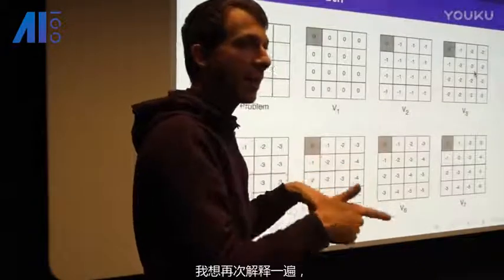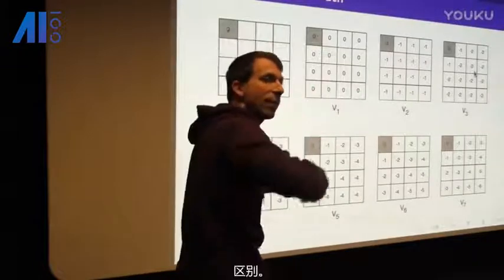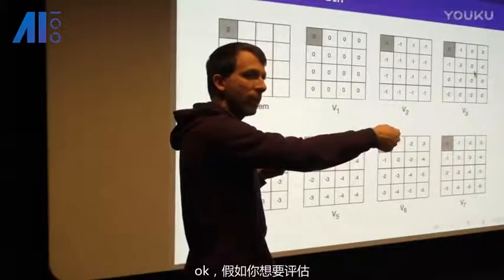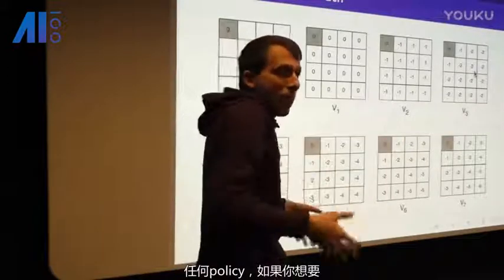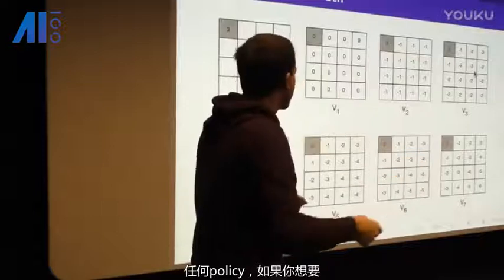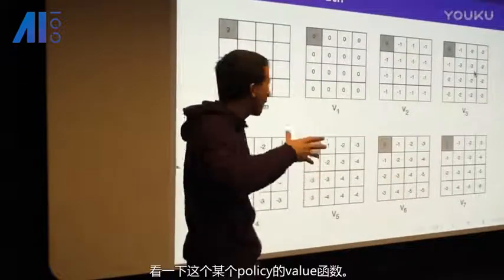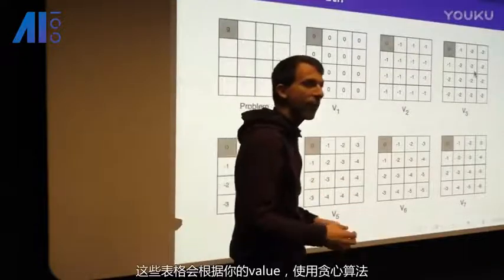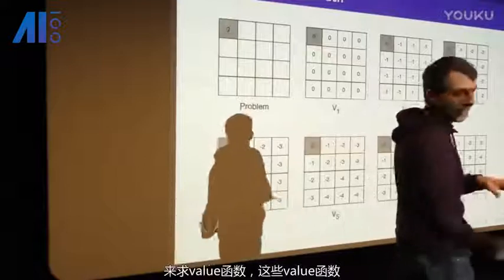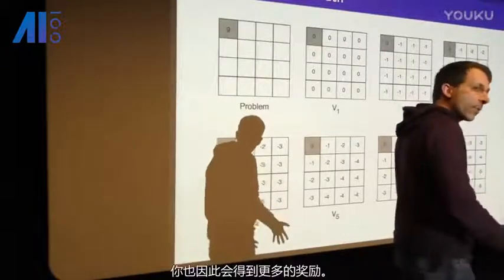I think this again illustrates the difference between building these intermediate values and actually evaluating a true policy. If you were to fully figure out the value of any policy along the way, and then look at the value function of the policy which acted greedily with respect to your values, the value function would be getting better. You'd be getting more reward from that policy than the other.